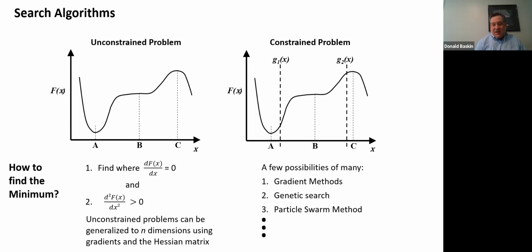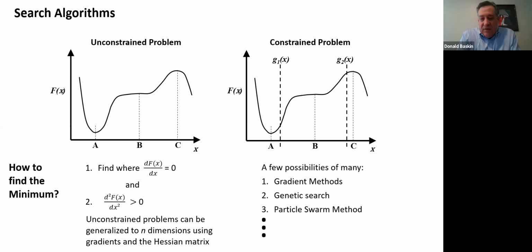There are mathematicians out there who over the decades and centuries have researched the heck out of numerical optimization, trying to find the minimum or maximum of functions. There are several methods that have been invented over the years: gradient methods, steepest descent, steepest ascent, genetic search, particle swarm, the golden rule, and many more.